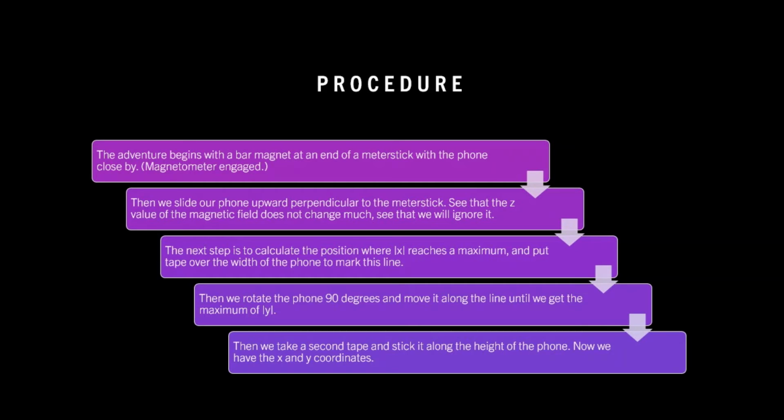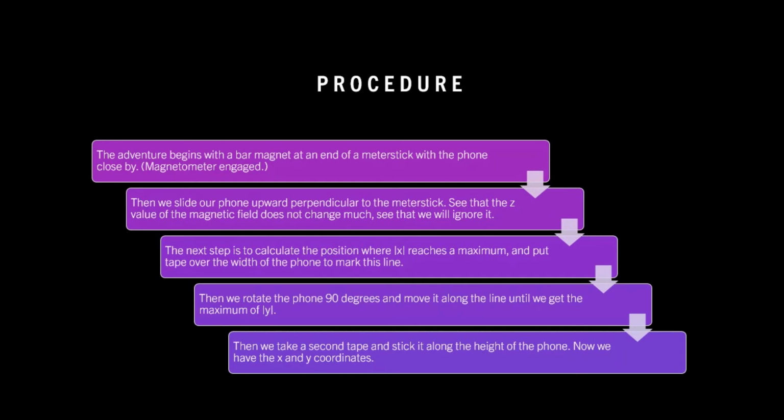So for step 1, we're trying to find when the absolute value of X comes to a maximum. We're trying to calculate that position, and then it senses it on the phone, and then we take some tape and we slap it on top of the phone to mark where the maximum is.